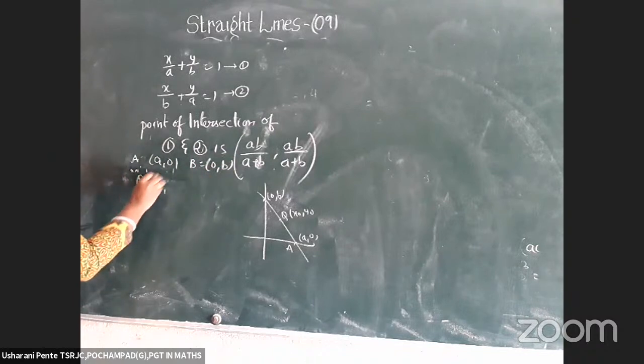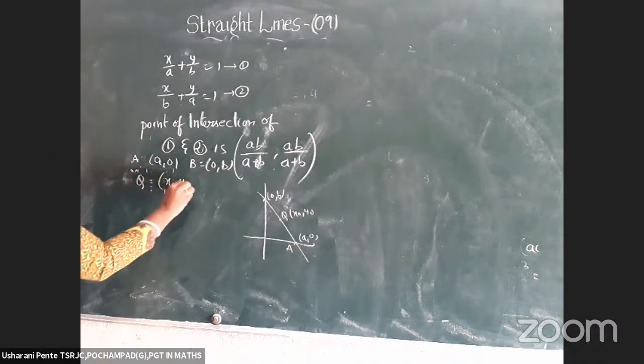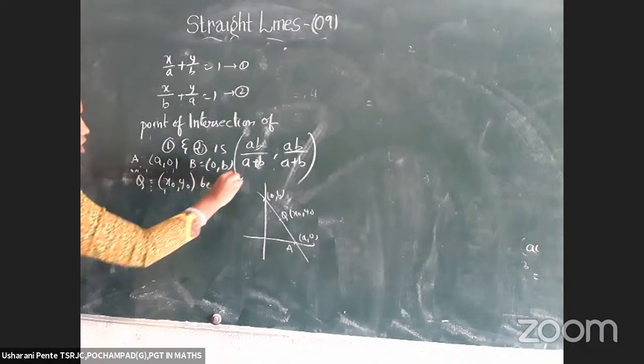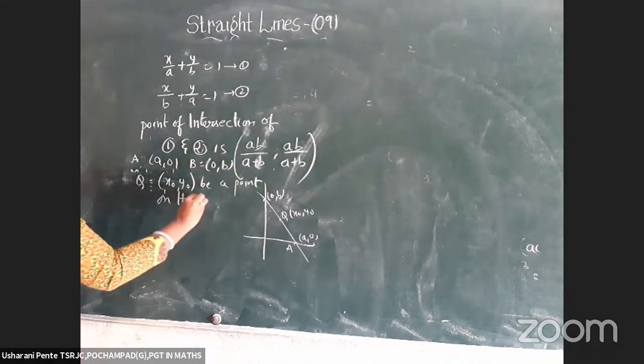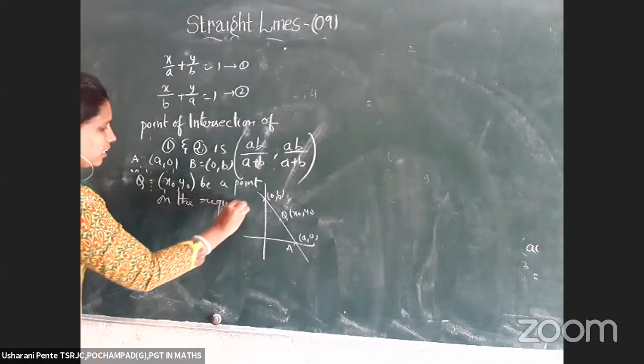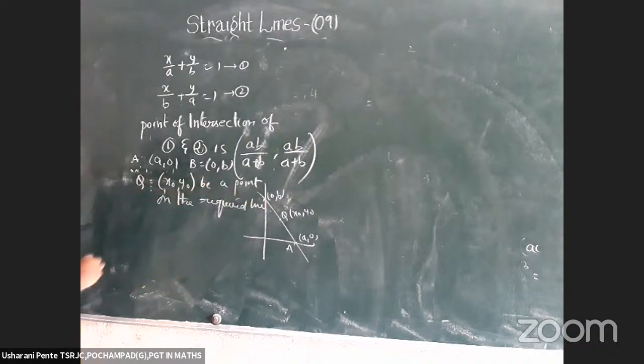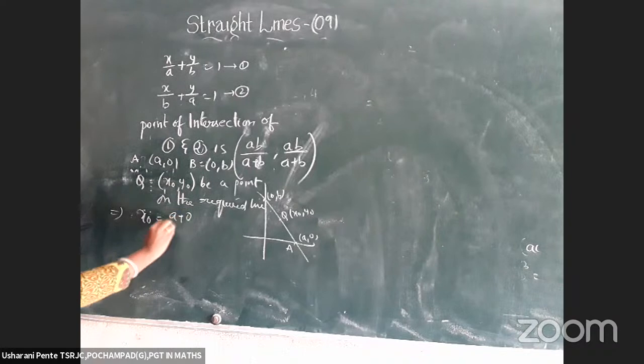Let Q (x naught, y naught) be a point on the required line, then as it is the midpoint, x naught is equal to (A plus 0) by 2.